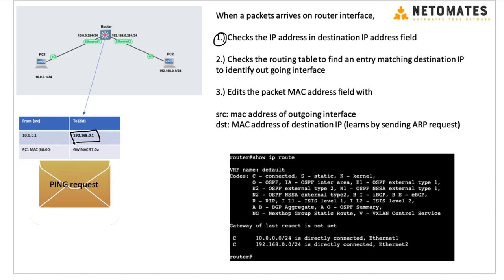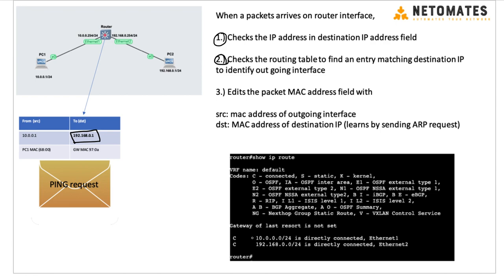When a post office receives a letter, first they check the To address so that they know where to send it next, right? Similarly, the router will do the same thing. It will check the destination IP. Then it will check its routing table. The routing table is nothing but a list of entries of all the networks it knows and where to send the packet.